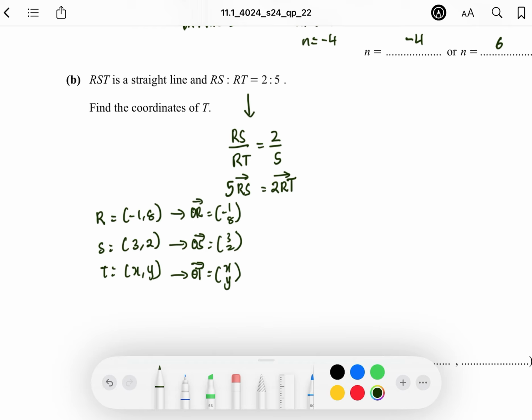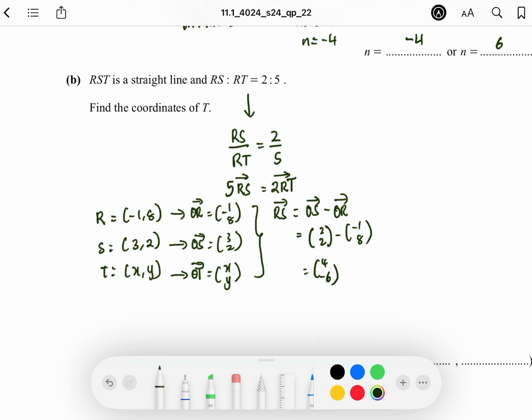Now, with this, we can find RS. RS is OS minus OR. Replacing that with the column vector, you get RS as 4, -6.